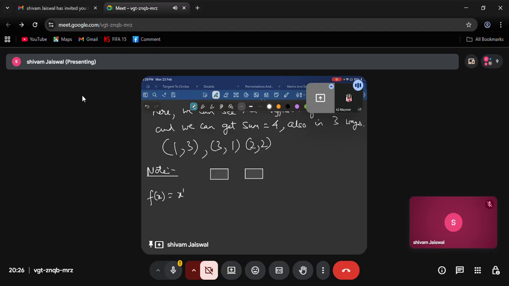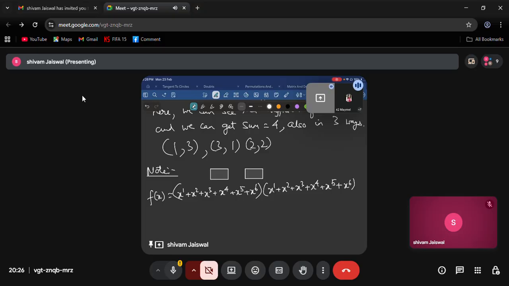Either you will get one, or you'll get two, or you'll get three, or you'll get four, or you'll get five, or you'll get six, right? And since both the events are happening simultaneously, I mean, you're rolling two dice simultaneously, again, you'll get either one, or two, or three, or four, or five, or six.